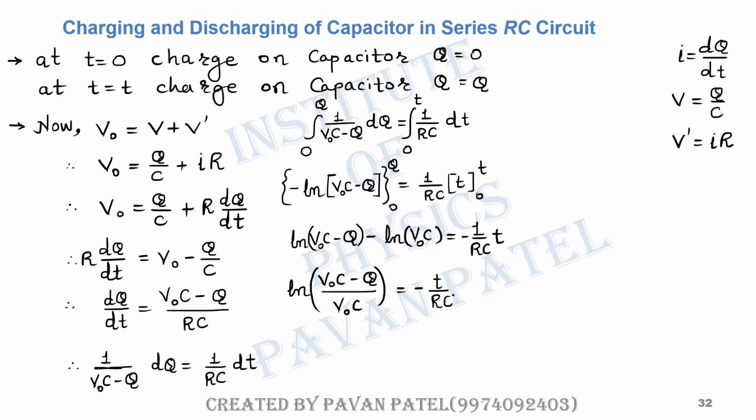Now V0C is the maximum charge on the capacitor, and that is Q0. So in place of V0C we can write Q0. So maximum charge on the capacitor, Q0, is equal to V0C, right?